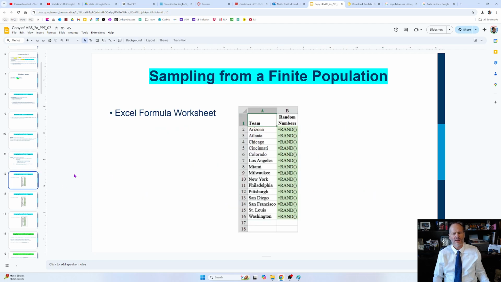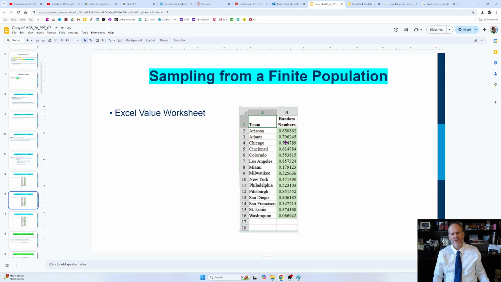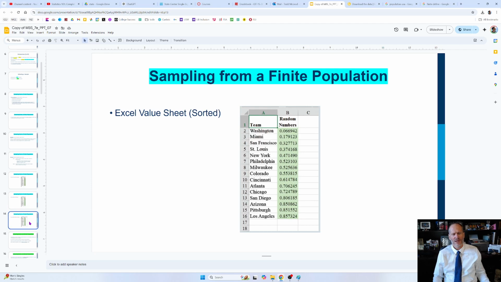So here are the 15 teams, and we just generate a random number, and you could do that with Excel. Then we get these random numbers, and I would copy them and paste special as values, because Excel will sometimes recalculate. Then you could sort those from smallest to largest, and you choose 1, 2, 3, 4, 5.